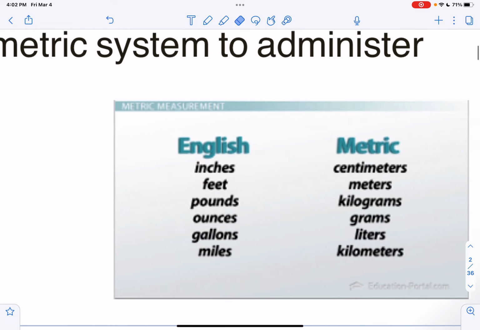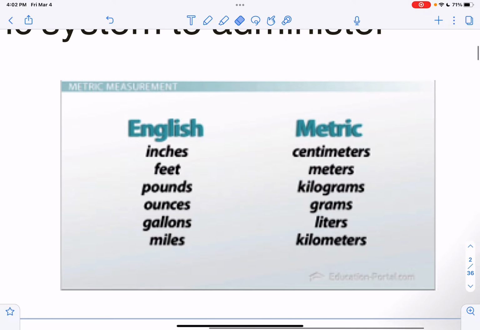Right here, you've got your English measurement equivalents, which is what we're most familiar with, and then their metric counterparts. We are used to measuring size and length in inches or feet, and the metric equivalent would be meters and centimeters. We're used to weighing solid objects in ounces and pounds, and in the metric system, we weigh in grams and kilograms.